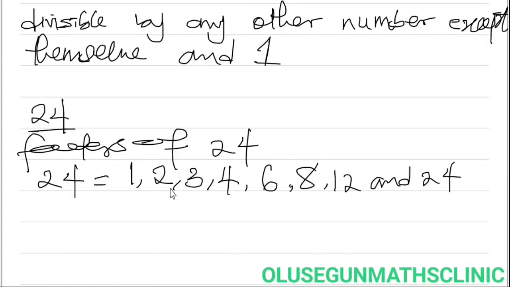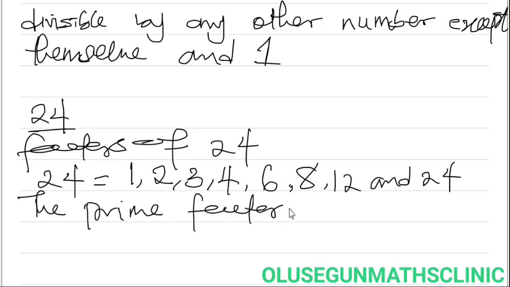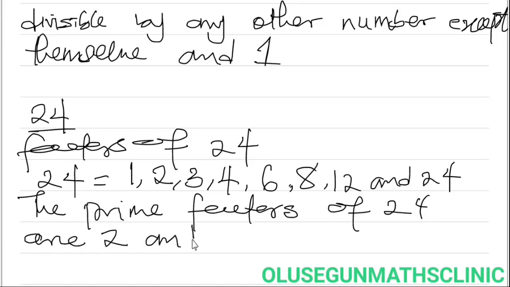So if you look from here, 2, 3, something can divide 4, a number can divide 6, 8, 12, and 24. So the prime factors of 24 are 2 and 3.